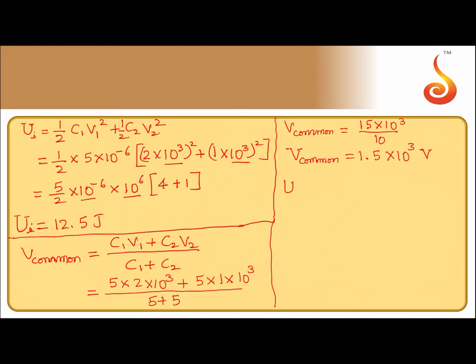Now, final energy Uf is equal to, they are combined. So, effective capacitance is C1 plus C2, they are in parallel after all, into V common square. This will be half into 5 plus 5 is 10 microfarad, 10 power minus 6 into V common 1.5 into 10 power 3 whole square.